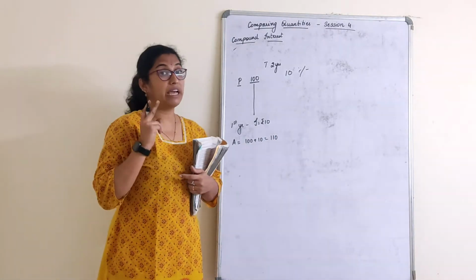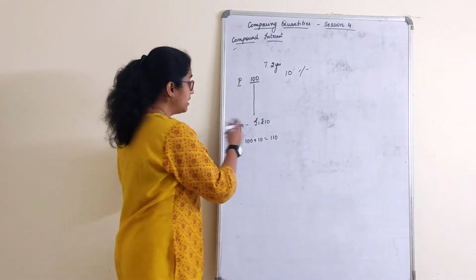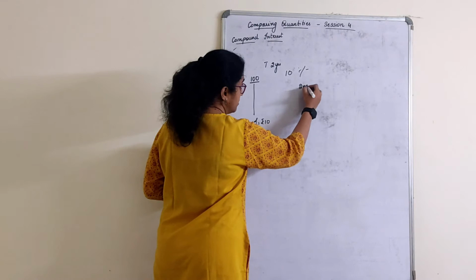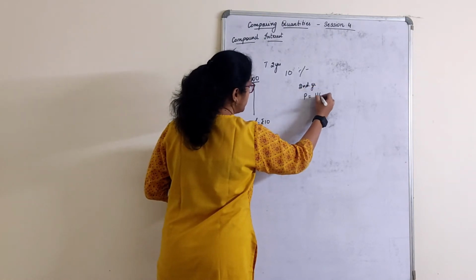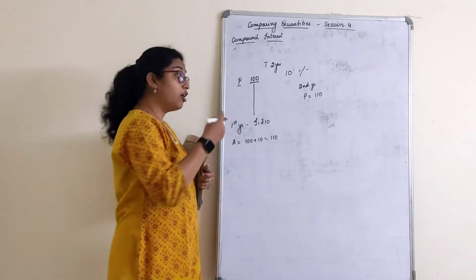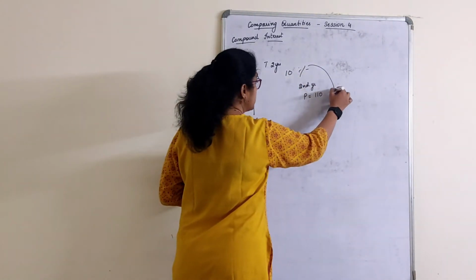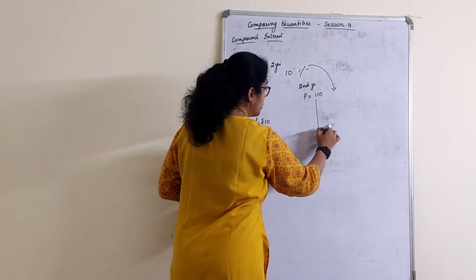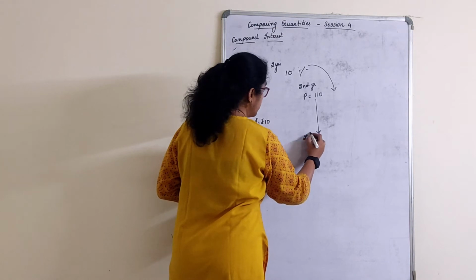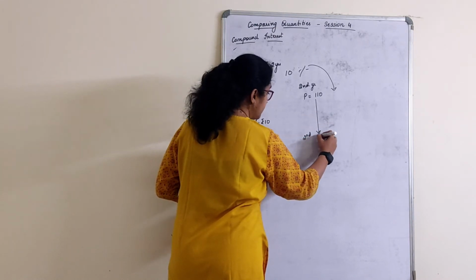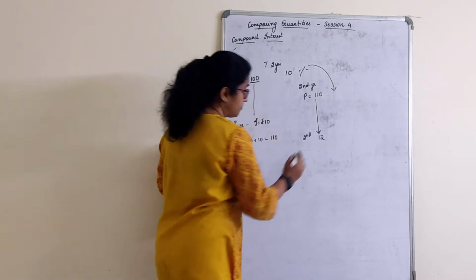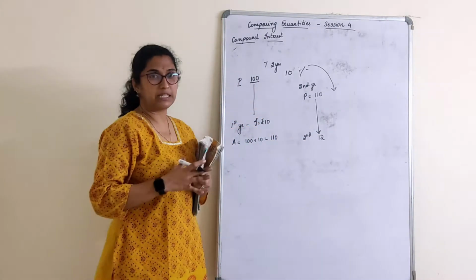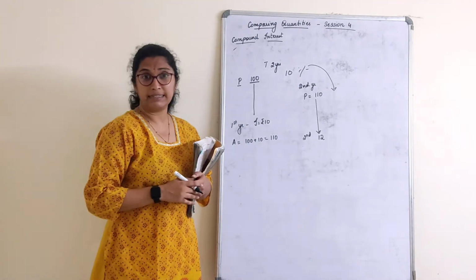But I have kept this amount for 2 years. In the second year my principal amount will be 110, and on this 110, 10% interest will be applicable. So at the end of the second year I will get interest of, say, about 12 rupees, because my amount was 110.